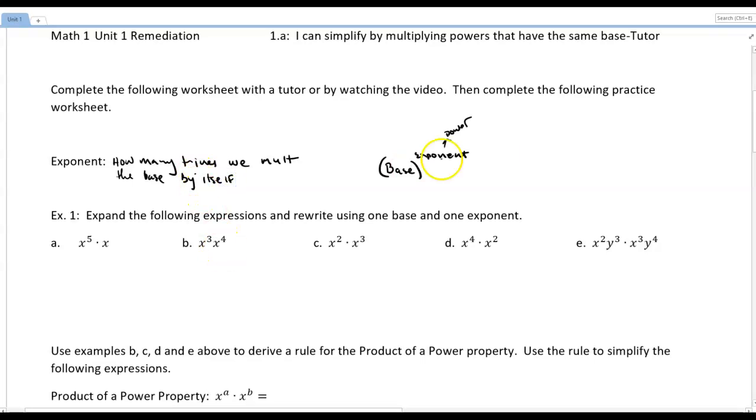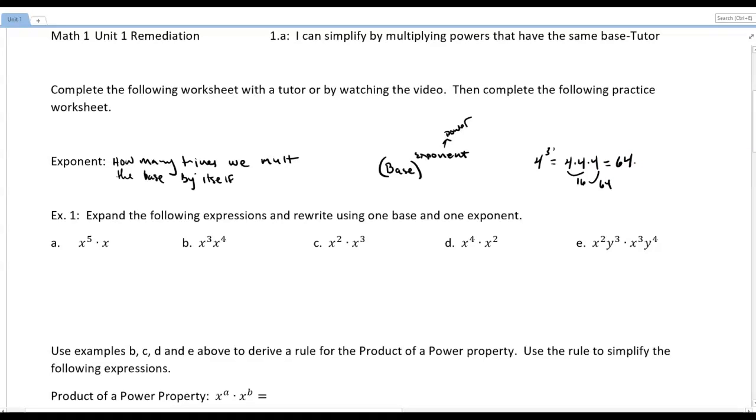So if I had 4 to the third power, that exponent 3 tells me to multiply the base of 4 by itself 3 times. 4 times 4 is 16. 16 times 4 is 64. So 4 to the third is equivalent to 64.